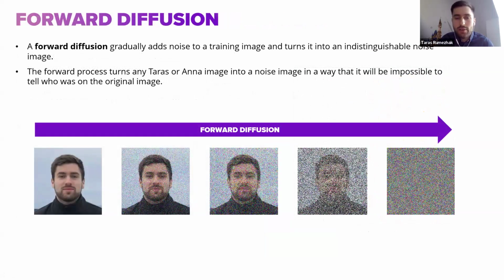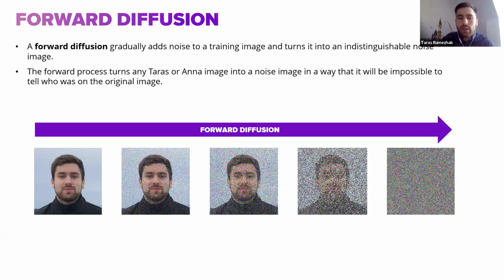That's why we have this process in GenAI called forward diffusion. Forward diffusion is the process of gradually adding noise to the image. For example, this is my image from about 4 years ago. With forward diffusion, we add random noise.